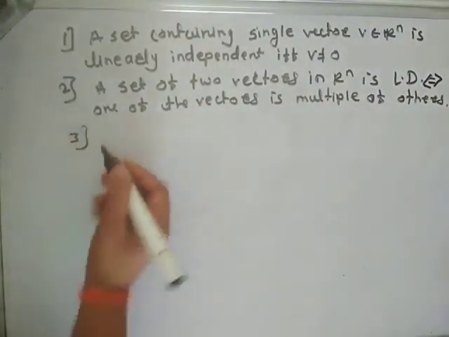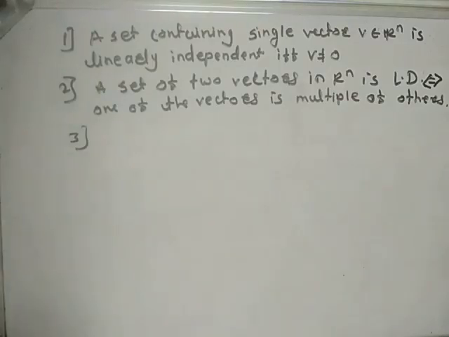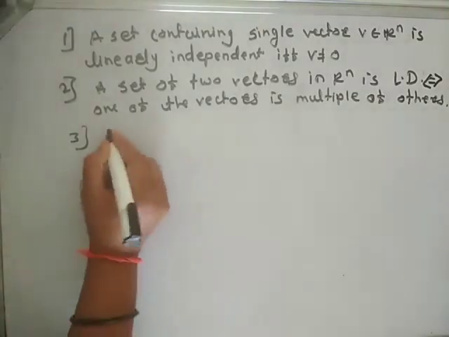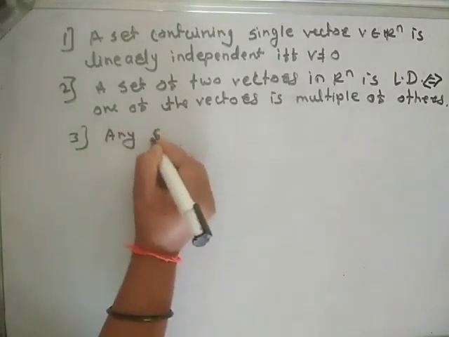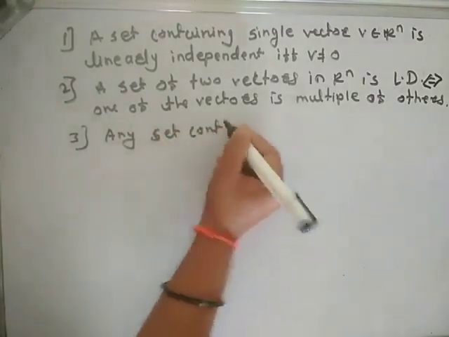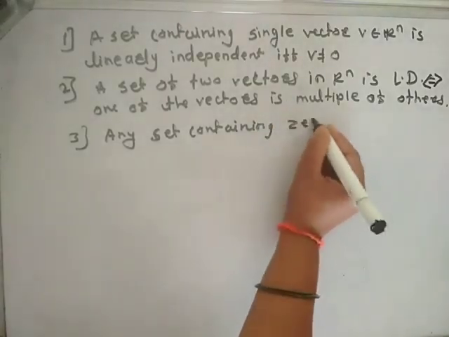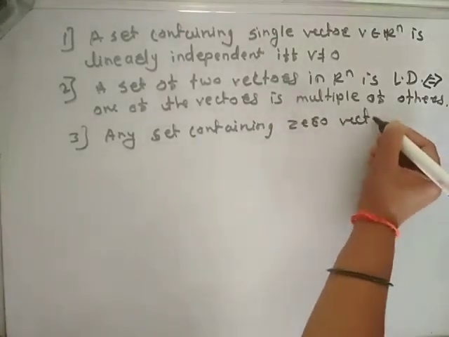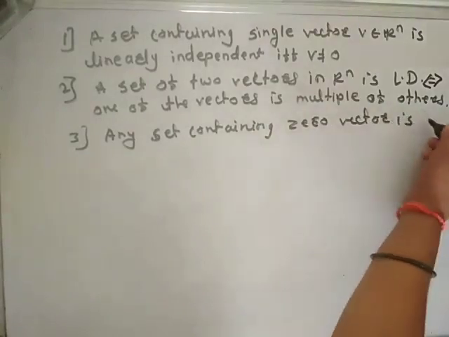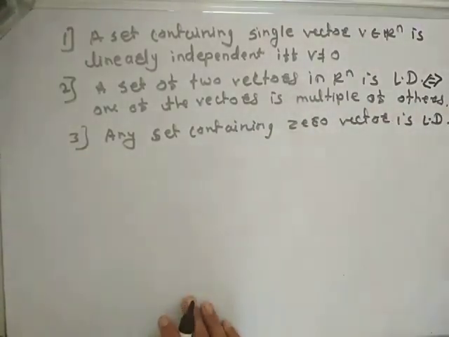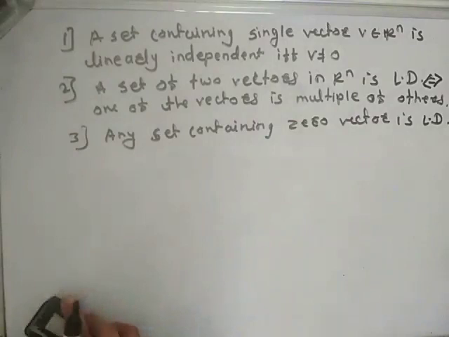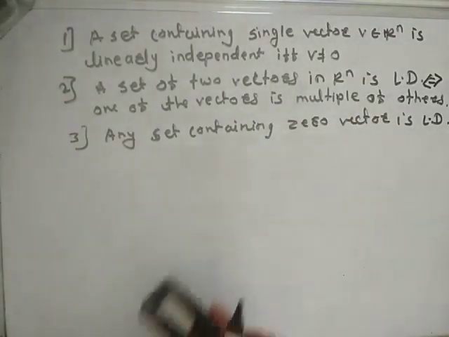And third one is, any set containing the zero vector is linearly dependent. Okay, any set containing a zero vector is linearly dependent. These are three useful results which we will use for solving problems.